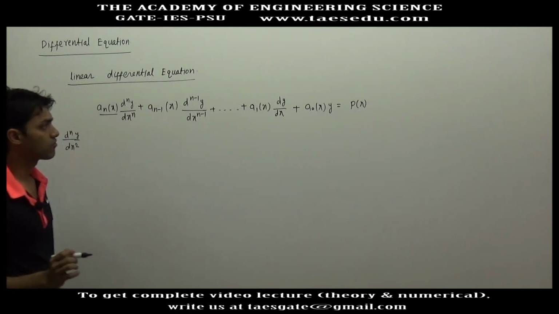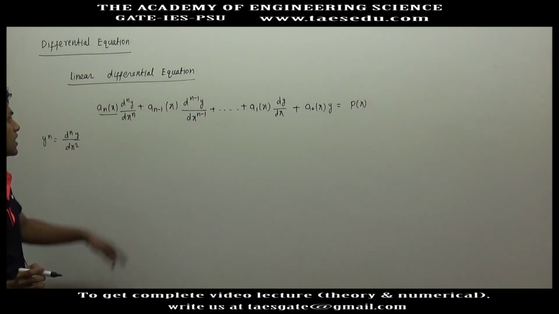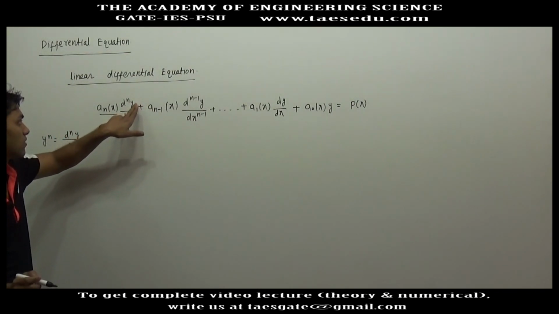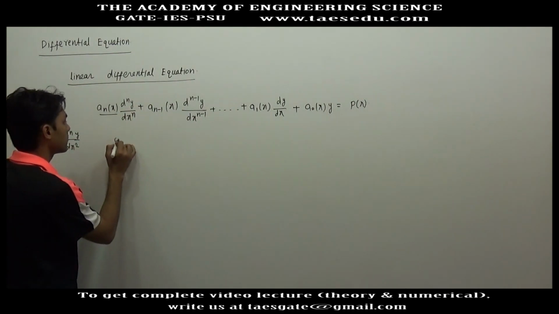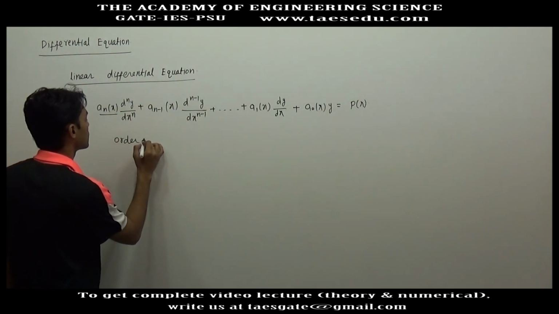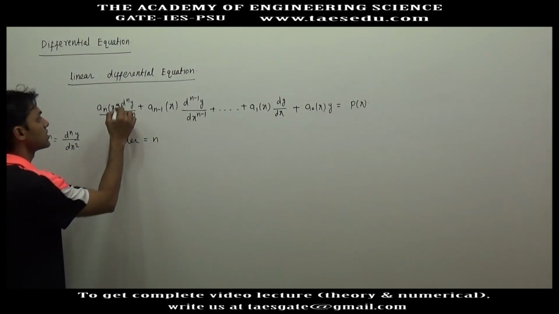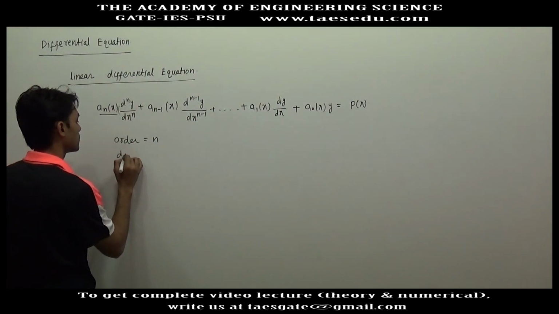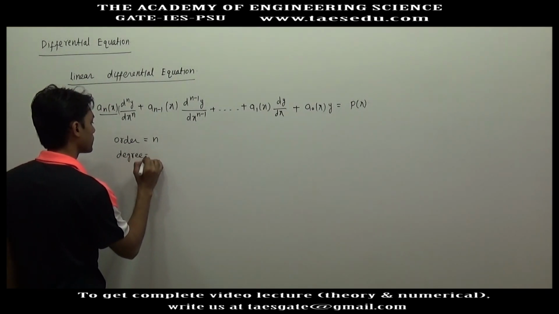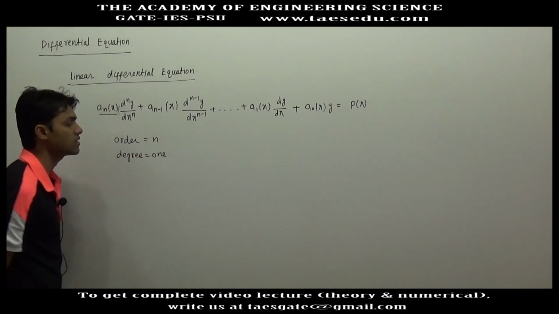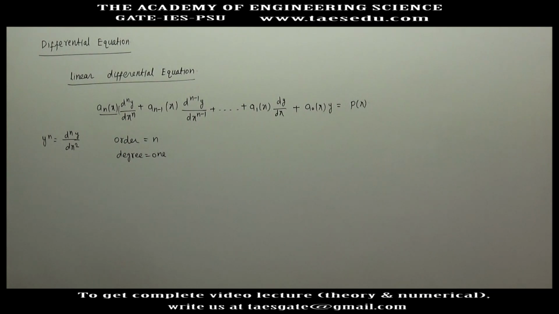What will be the order of this differential equation? The highest derivative of y is n, so the order of this equation will be n. What is the degree? The degree of this differential equation is 1, and this is a linear differential equation.